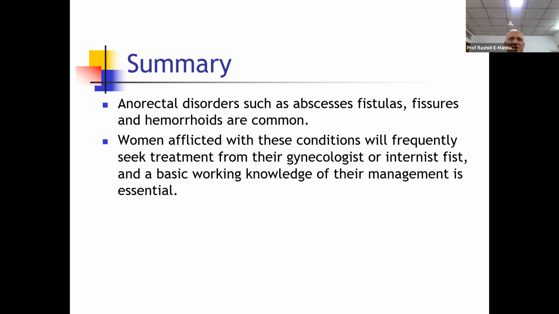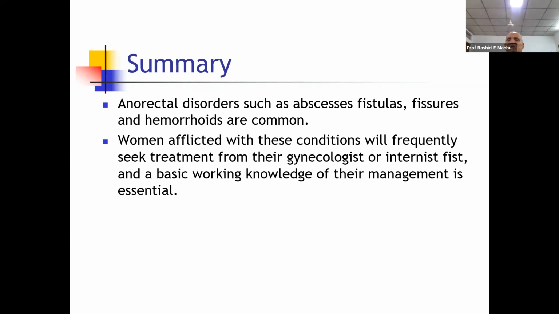Anorectal disorders such as abscess, fistula, fissures, and hemorrhoids are common. Women also are affected by those conditions and will frequently seek treatment from their gynecologist or internist, so a basic working knowledge of their management is essential.